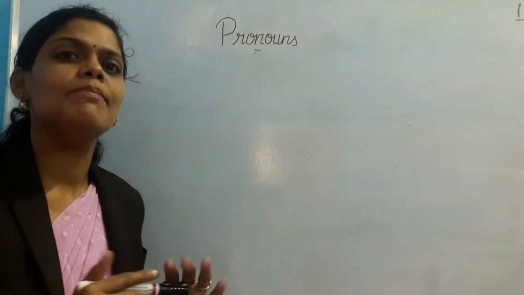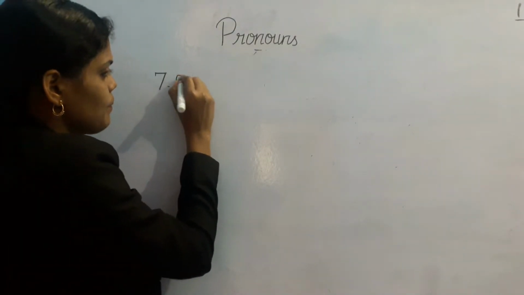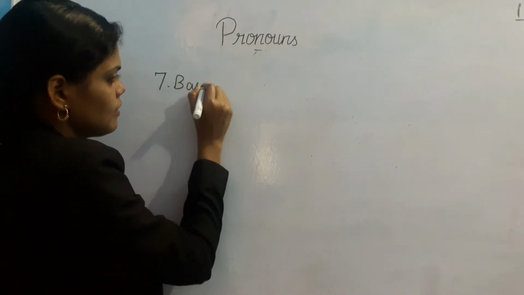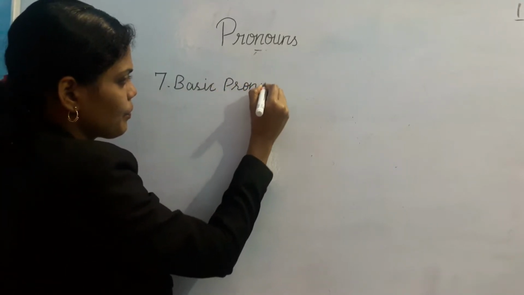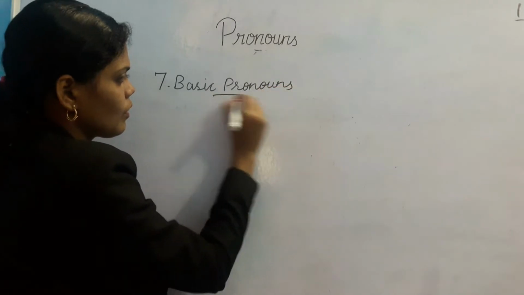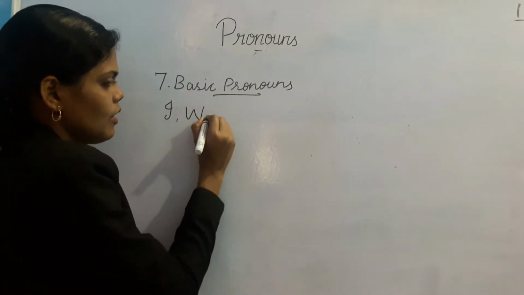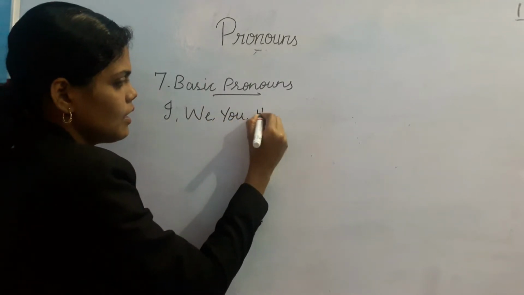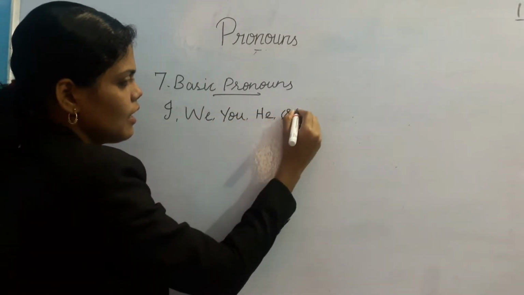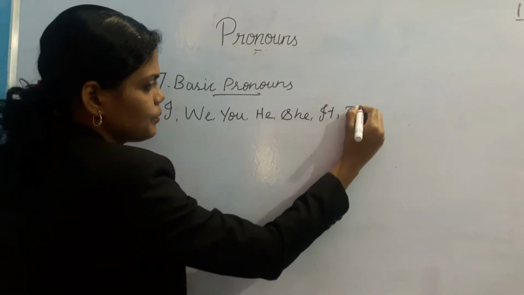There are 7 basic pronouns. What are they? I, we, you, he, she, it, they.